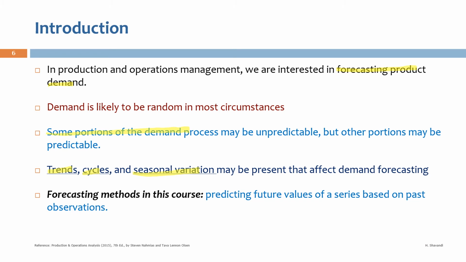I mean, trends or cycles or seasonal variations. Okay, and so the forecasting methods that we are going to have in this course and in this chapter will consider a time series, and we will assume past observations or historical data, and based on that, we will estimate or forecast future. Okay.